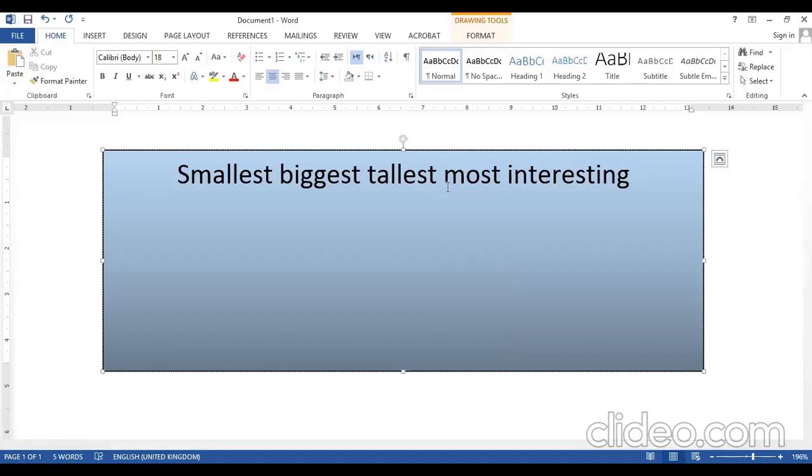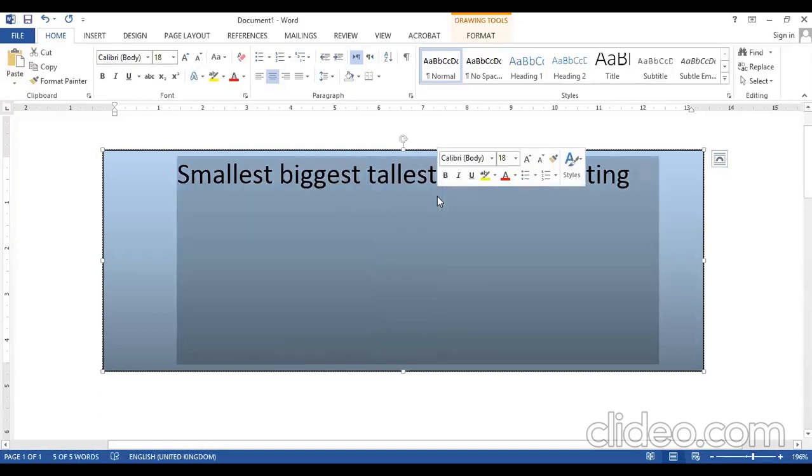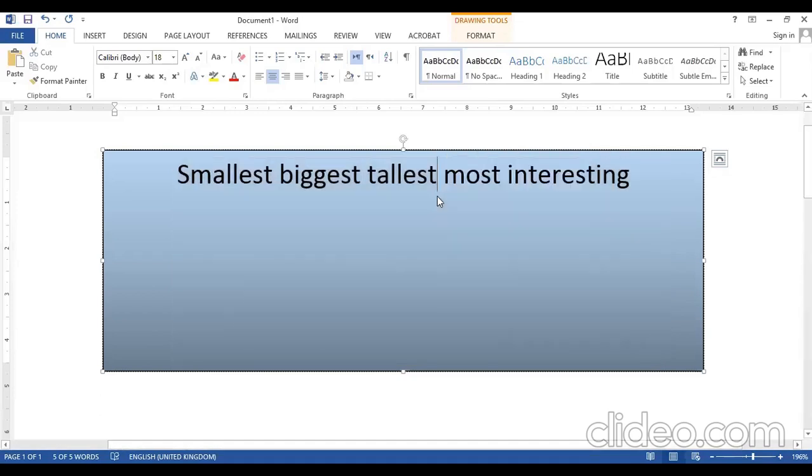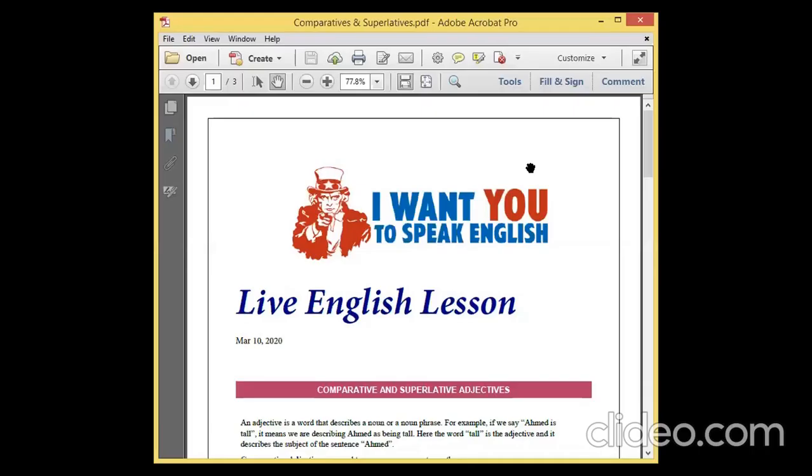We should also pay attention to how to form them. You have certain rules which you can find in the PDF file. The first rule of forming a superlative adjective is what? Just like the way we studied in forming the comparative adjectives, the same rules apply here.